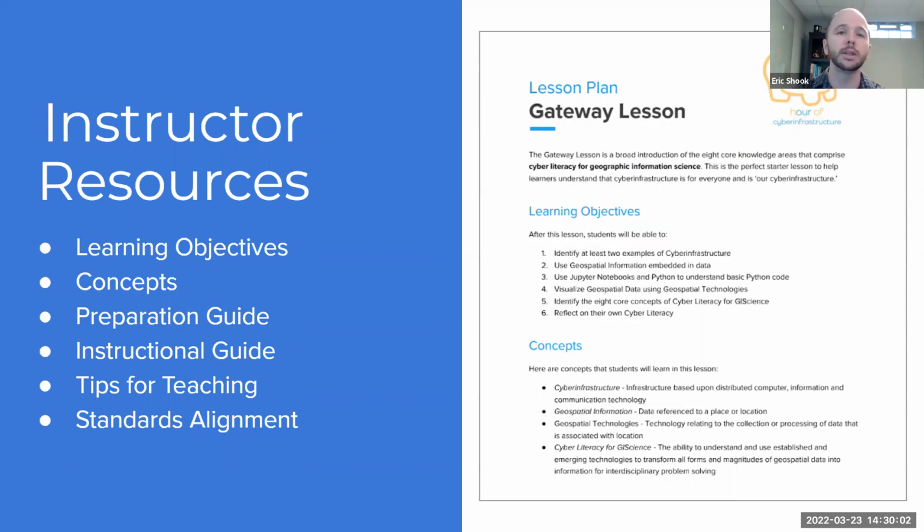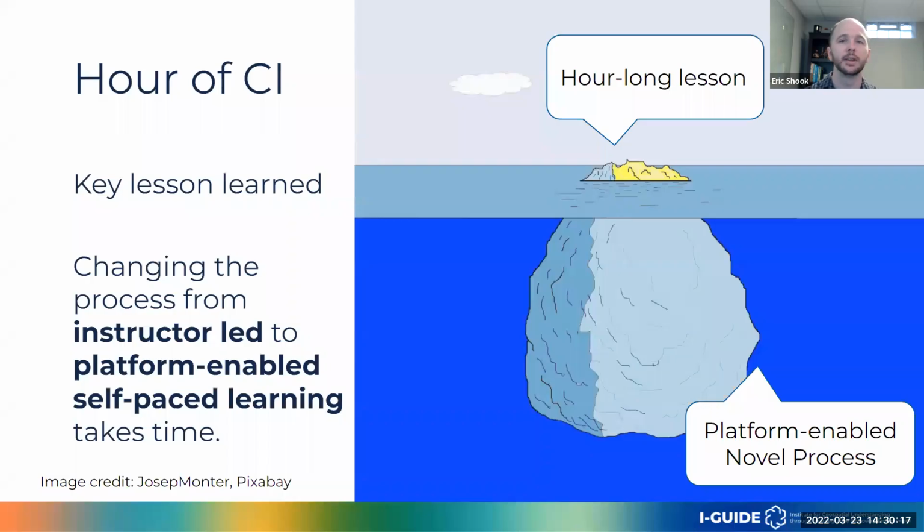It allows the instructors to gain a little bit of confidence and competency before they introduce it to their students. So this is one way that we can help lower barriers, not only for learners, but instructors, through this kind of technological platform process.